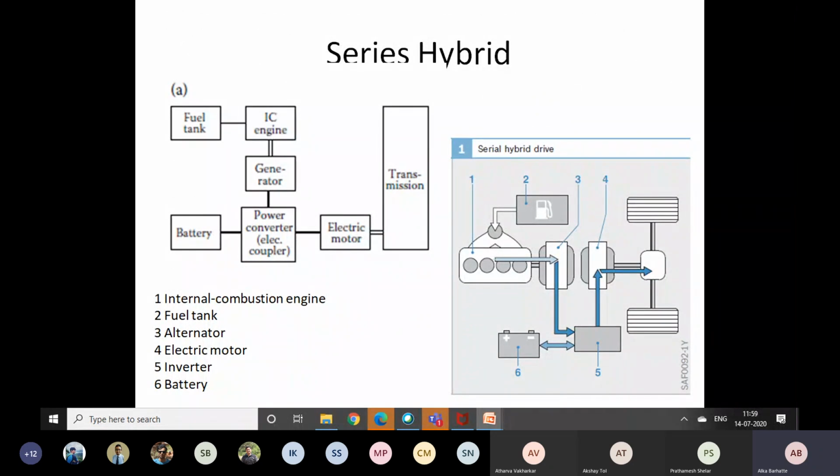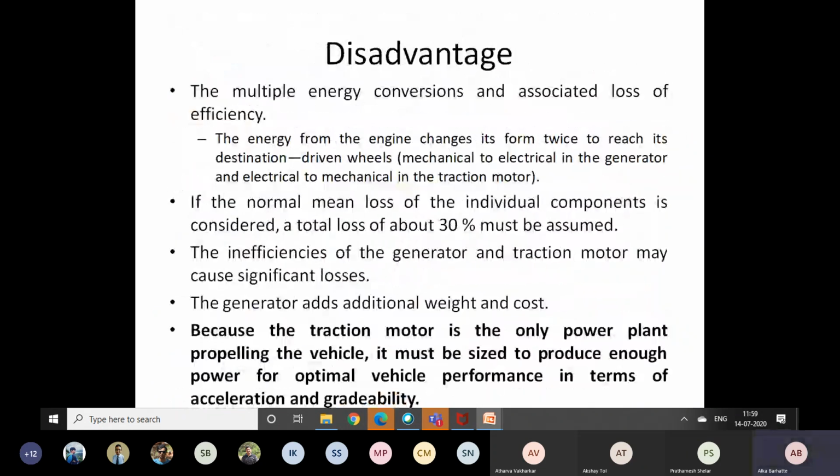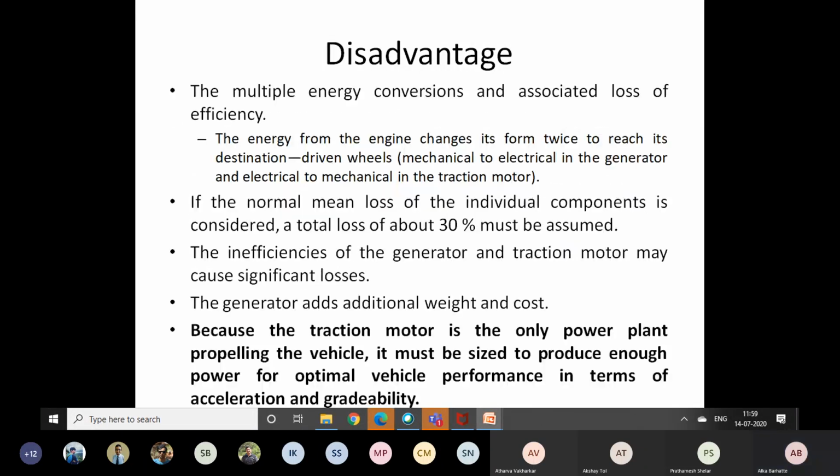There is no transmission, no gearbox. Your wheels are driven using the electric motor in this hybrid. Hence we can mount your IC engine and drive electric motor at different locations. What are the drawbacks of this?